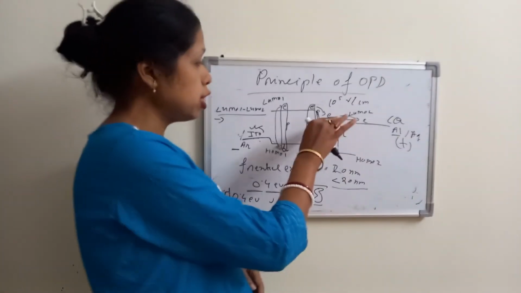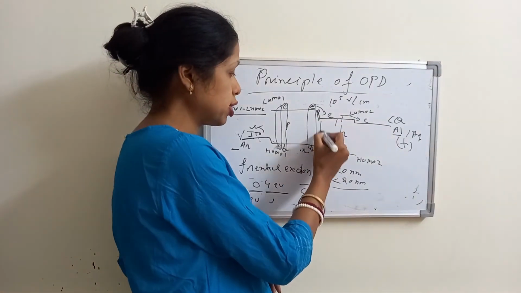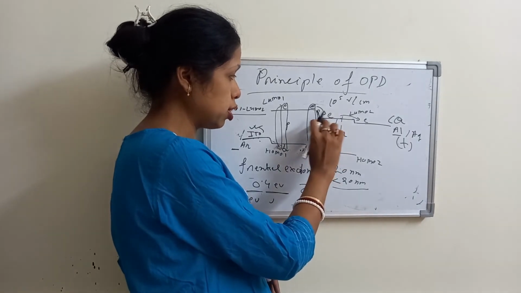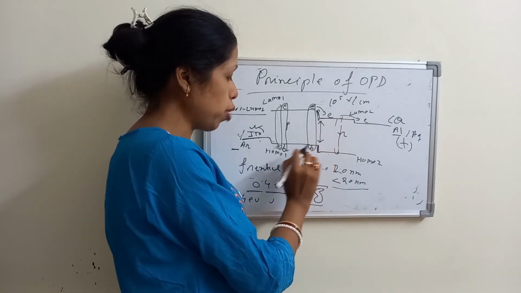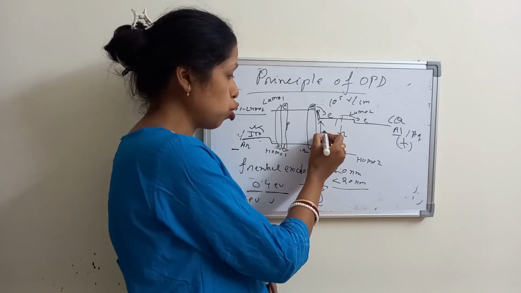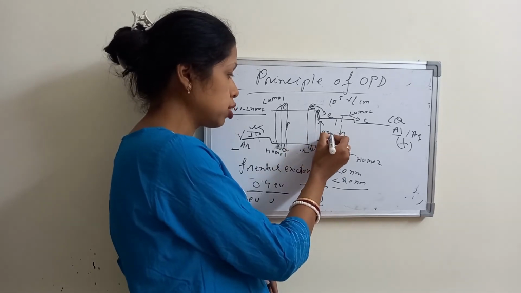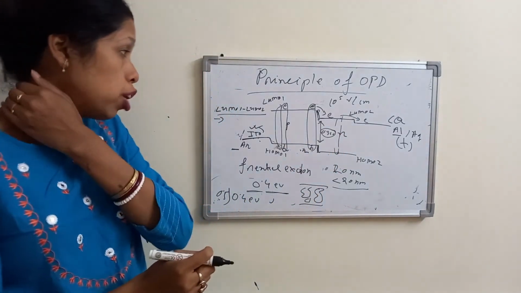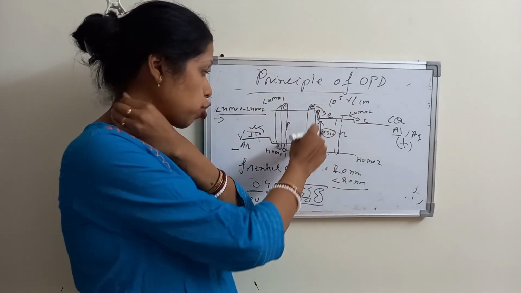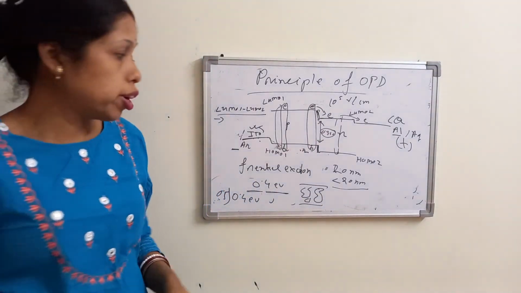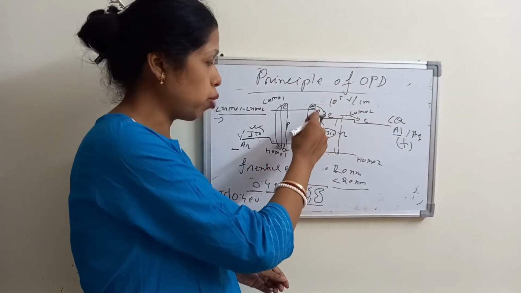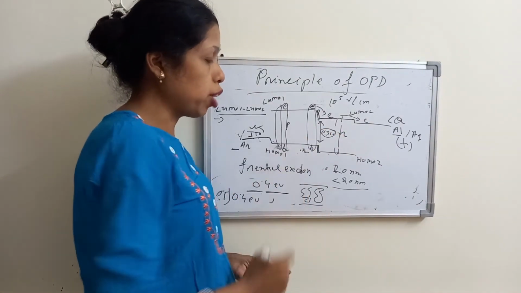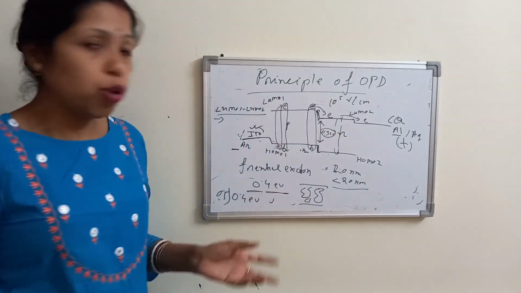But the gap between this LUMO 2 and the HOMO 1 should not be less than 0.3 electron volt. If it is less than 0.3 electron volt, the electron will easily recombine with the hole, and there will be a tunneling phenomenon. So this should not be less than 0.3 electron volt, right?